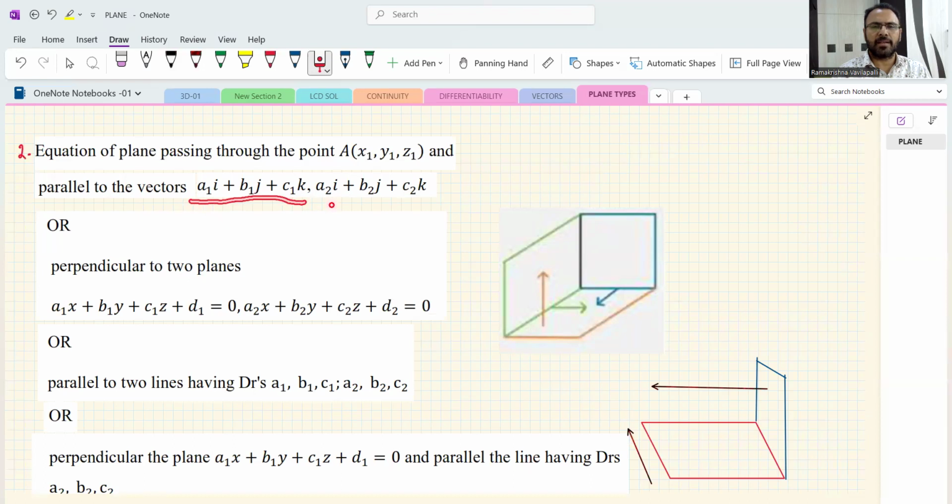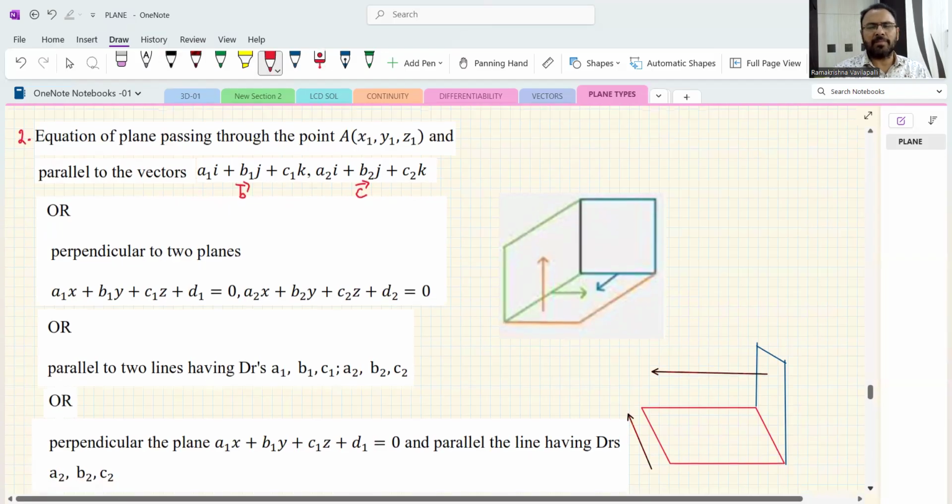Here, two vectors. Assume that this is the B bar vector and this is the C bar vector. Right. So now we can give these parallel vectors explicitly, or we can give them in other formats.